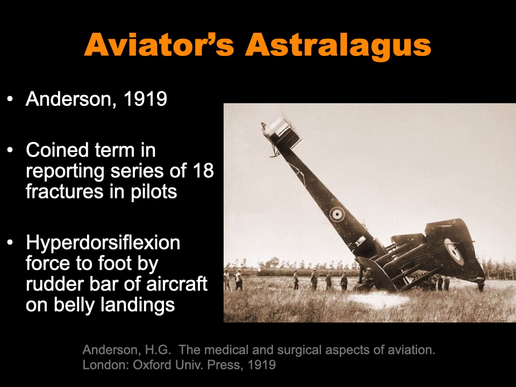This was coined by Anderson in 1919 in a report of a series of 18 fractures in pilots during World War I. These injuries were caused by a hyperdorsiflexion force to the foot by the rudder bar of the aircraft on belly landings.